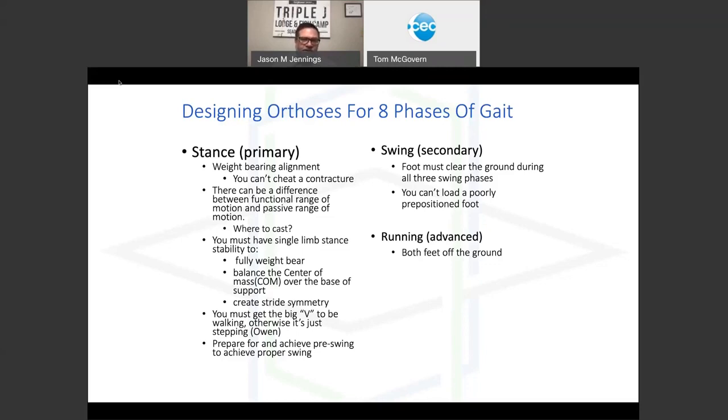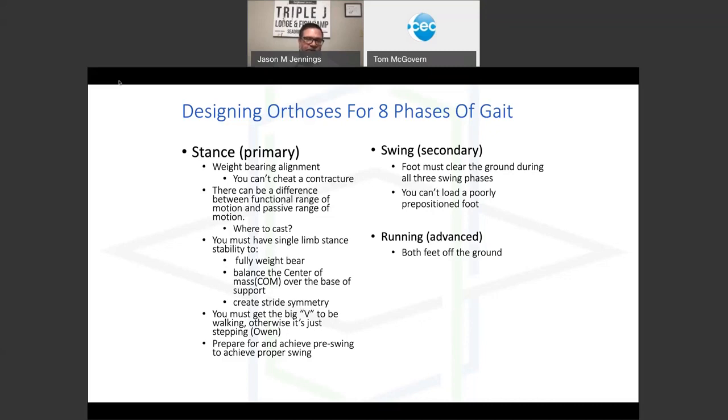You also have to understand that single limb stance stability, which is your primary control, is under full weight bearing. To do that, you have to balance the center of mass over your support, which additionally creates stride symmetry. The one thing that's very, very difficult is the skeletal control in full weight bearing, and being able to design your orthosis with appropriate materials and appropriate control mechanisms to actually control that.